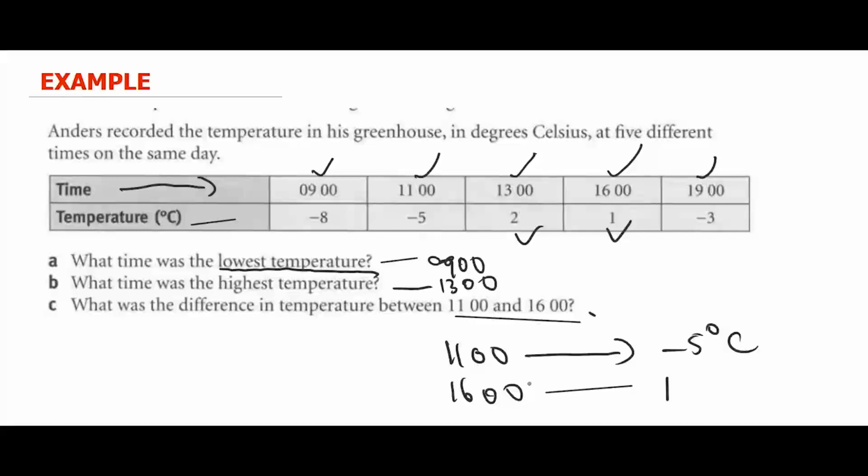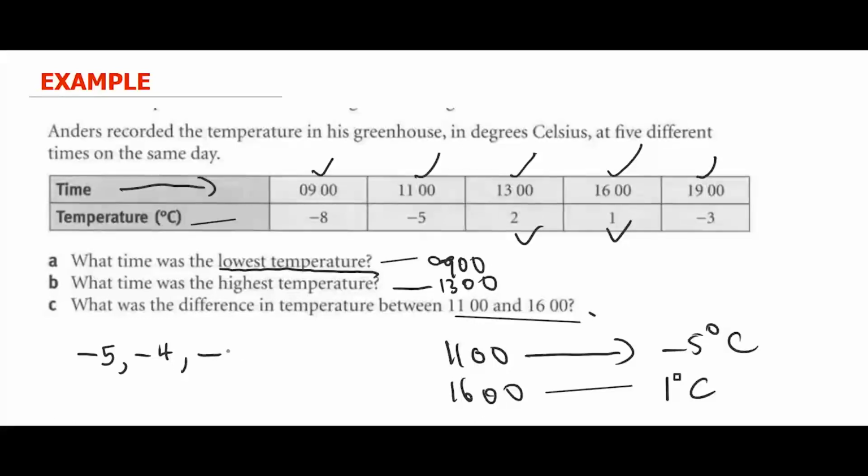So let's count the difference there. That means from -5 degrees Celsius to 1 degree Celsius. What will be the difference? You can get this one by using addition and subtraction, and you can also make use of your number line. So on the number line, -5 will be somewhere here, and you go up, that will be -4.